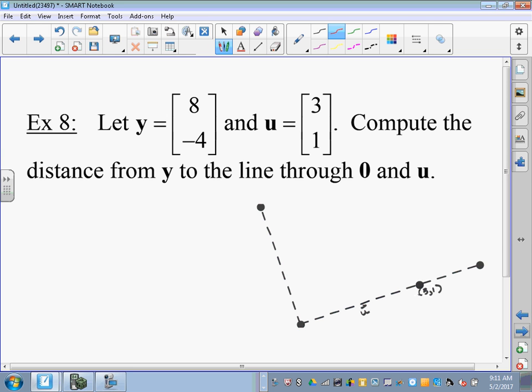Don't you have to find the line from 0? So we have 8, negative 4, and we have the line through 0 and u. There's 3, 1. So how do you compute the distance from y to that vector? What do we need?